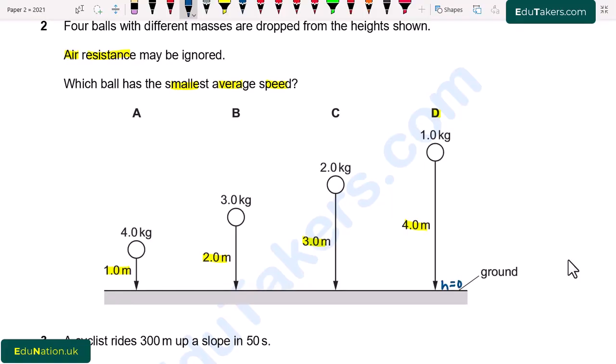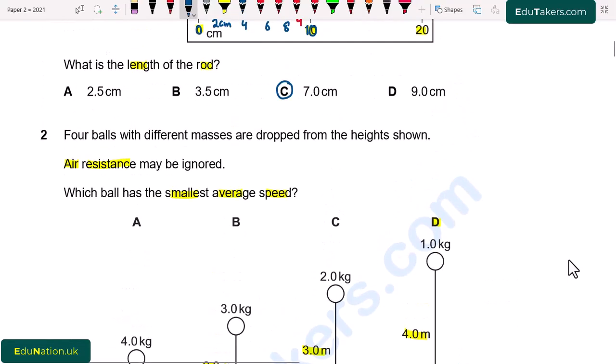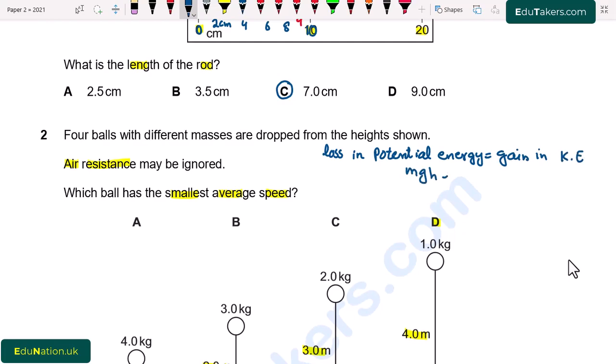It means that there is a loss in potential energy because potential energy is related with the height. So here I use the concept that loss in potential energy is equal to gain in kinetic energy. I write here: loss in potential energy is equal to gain in kinetic energy.